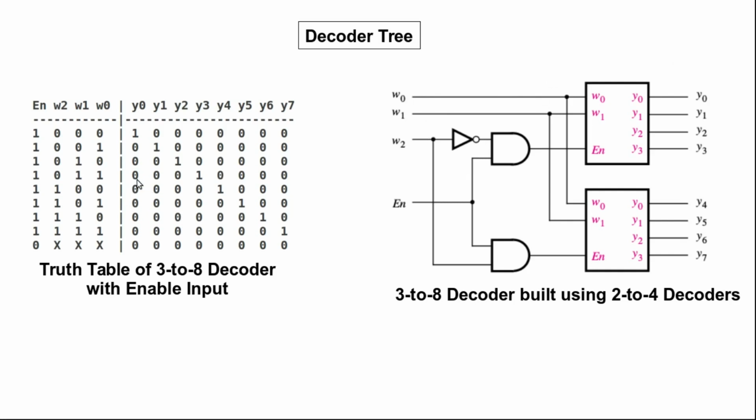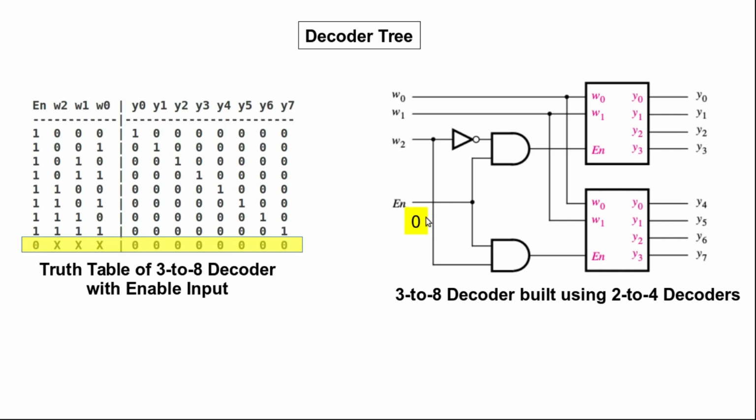Let us try to understand how this logic circuit is implementing this truth table. For that, let us discuss this last row of the truth table where the enable input is equal to 0.